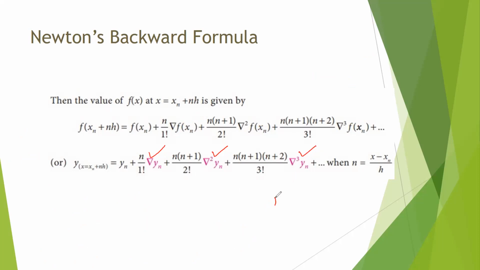The next term will be n into n plus 1 into n plus 2 into n plus 3 divided by 4 factorial into nabla power 4 yn. Like this we need to memorize Newton's backward formula.